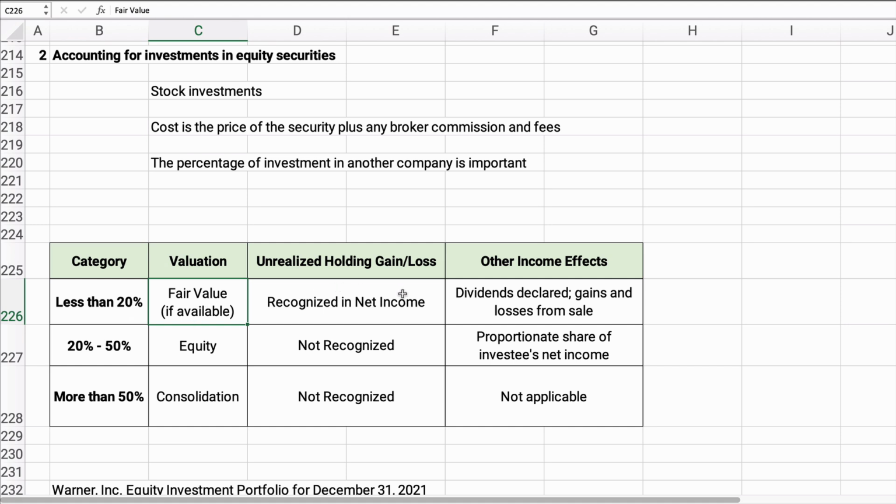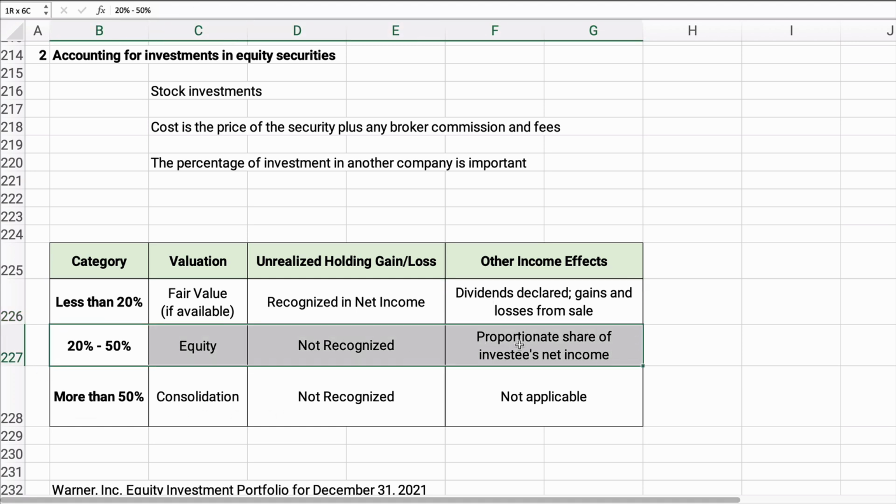So any unrealized holding gain or loss is recognized in net income because it's fair value. And then other income is dividends declared and gains or losses from sale flow through income. If you have less than 20%, that's the fair value method.